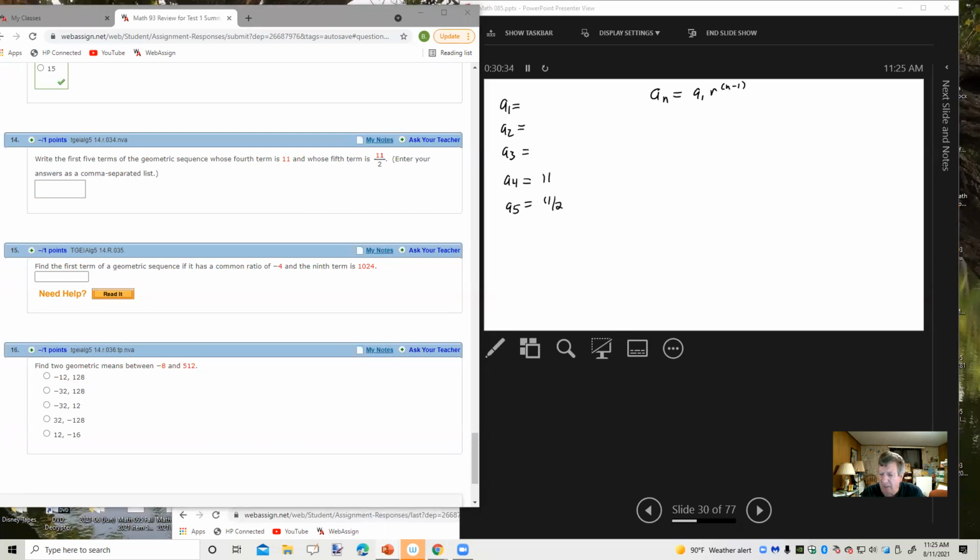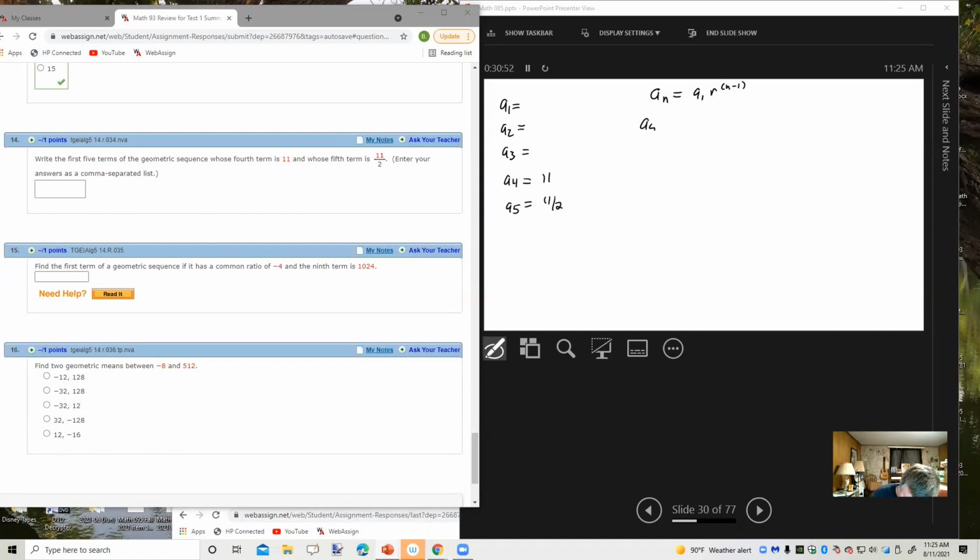With arithmetic sequences, to find d, the common difference, you take any term in the sequence minus the previous term. With a geometric sequence, to find r, the common ratio, you take any term in the sequence divided by the previous term.